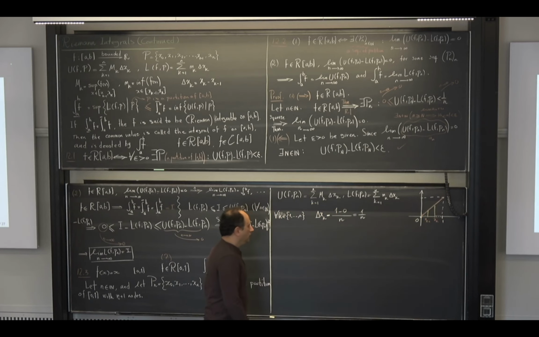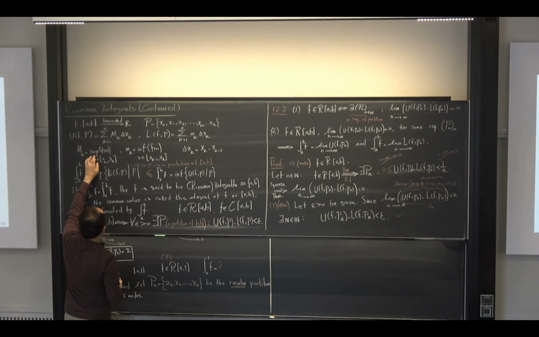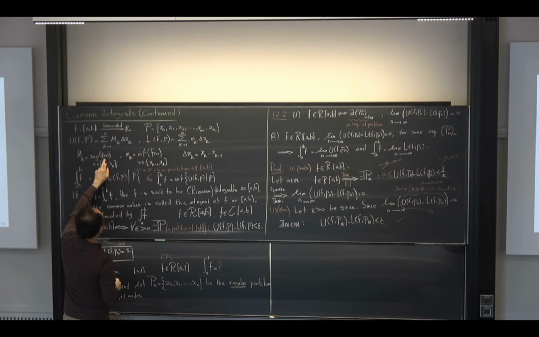Okay, so this is done. I know this one here, I know this one. But can you help me to calculate m sub k? Here, my function is continuous. So in principle, m sub k is the supremum of the values of my function on the kth interval. But because my function is continuous, there is no difference between supremum and maximum.